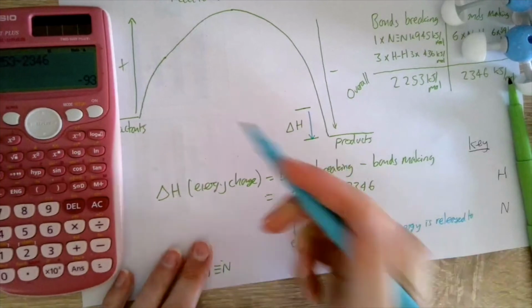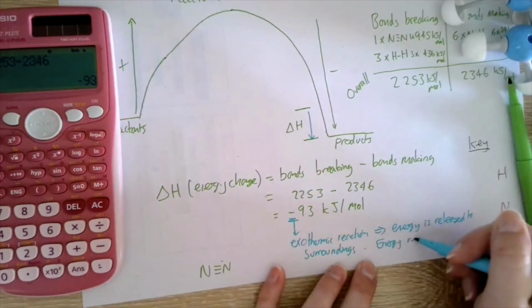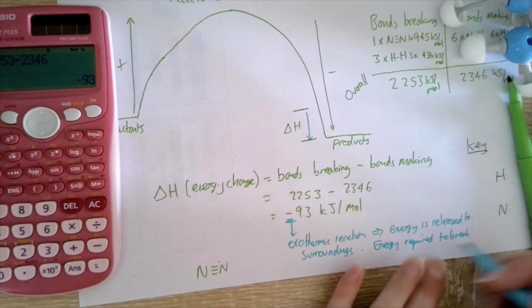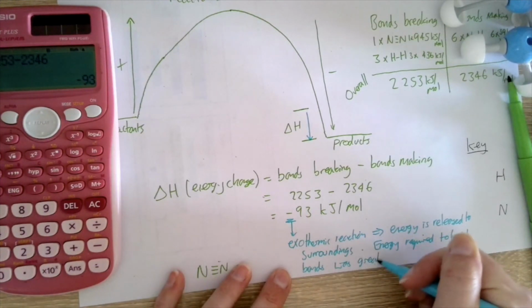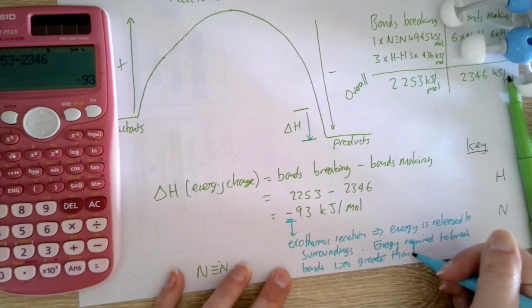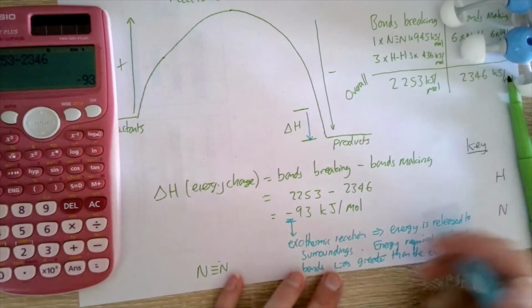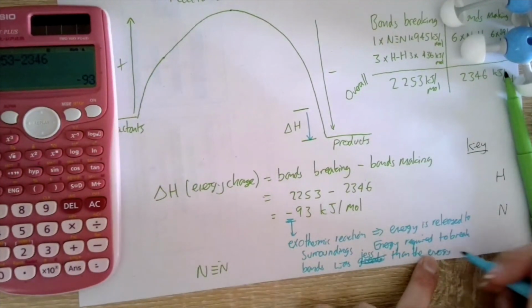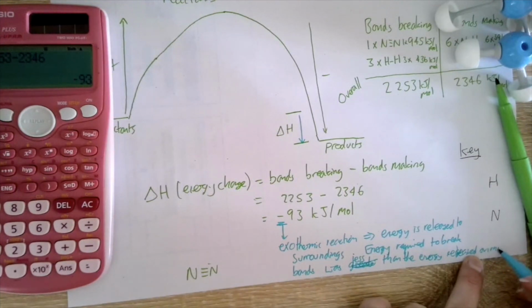And this is because the energy required to break the bonds was less than the energy released on making bonds.